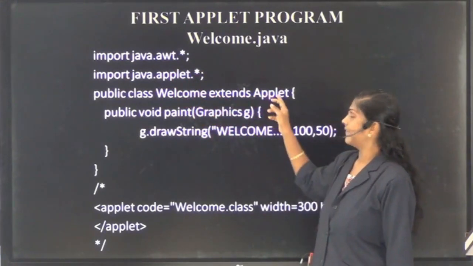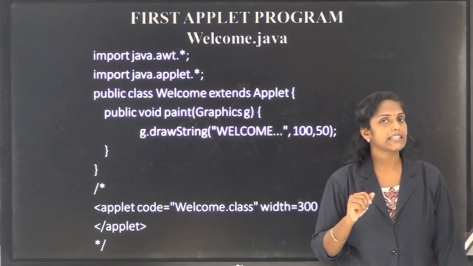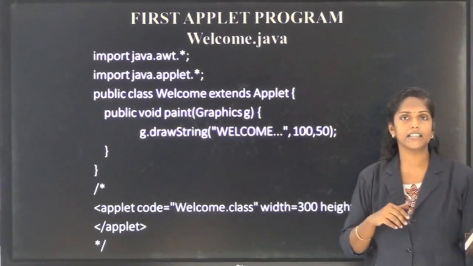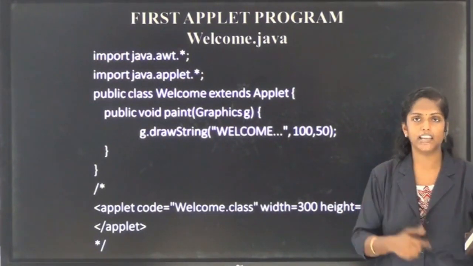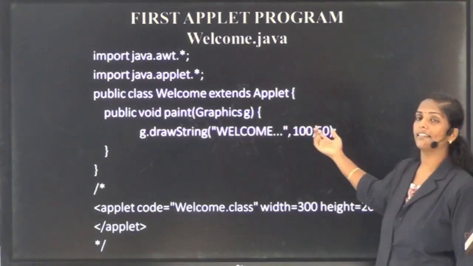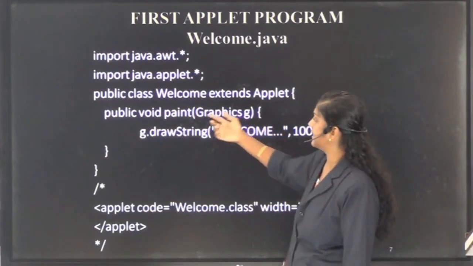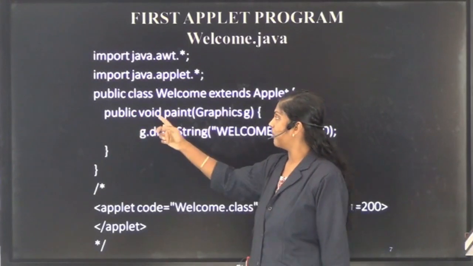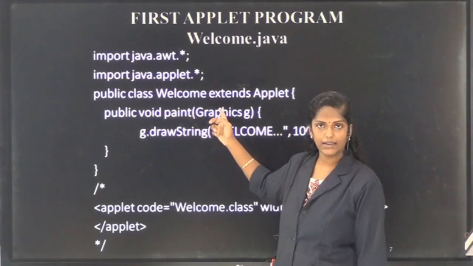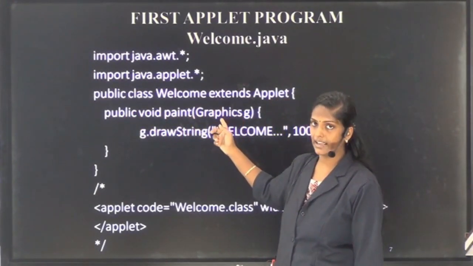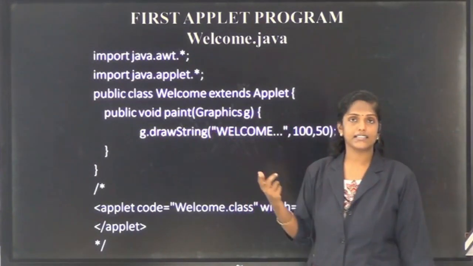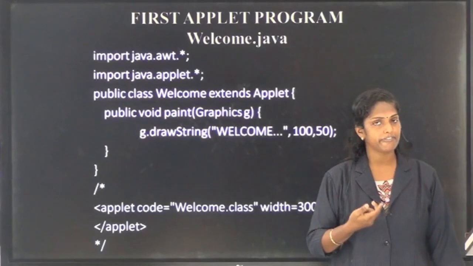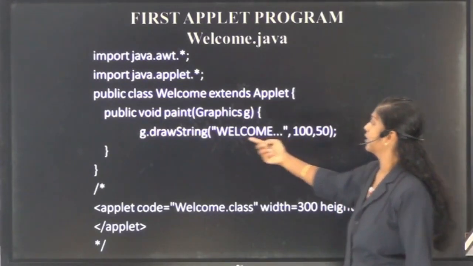Now, we have already seen there are different methods in an applet, and we need not compulsorily override any of them. But here I have used just one method, that is paint: public void paint. I am passing an object of the Graphics class, Graphics g, and this class has many different methods. One of them is drawString.